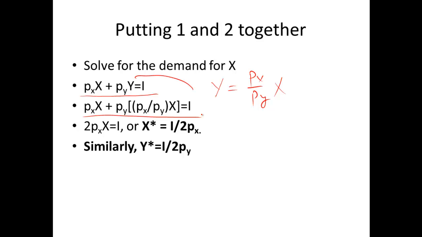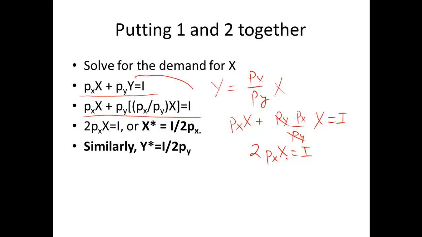Well, now we have a little bit of solving to do, and let me just do that in the blank space here. px times x is the first term, plus py times px over py times x, equals I. Well, the py over py just cancel. Now we have pxx plus pxx equals I, or to say that another way, 2 times pxx equals I. What are we trying to do here?